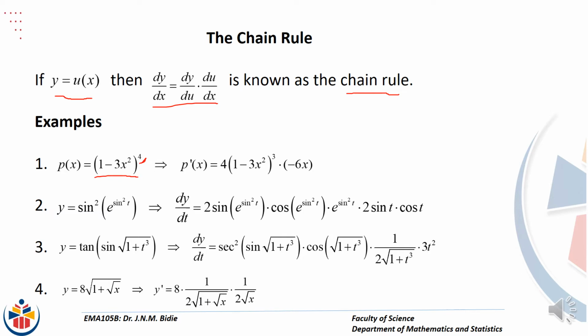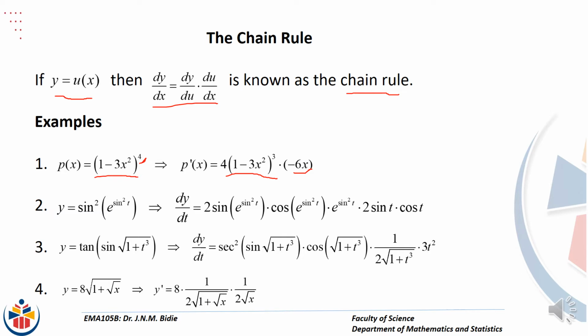So it will give us 4 into 1 minus 3x squared all to the power 3, noting that we do recall the derivative of x to the power 4 is 4x cubed. And then thereafter, multiply by the derivative of the inner function, which is 1 minus 3x squared. The derivative of that function is negative 6x. We differentiated the power as if the inner function is just one term.